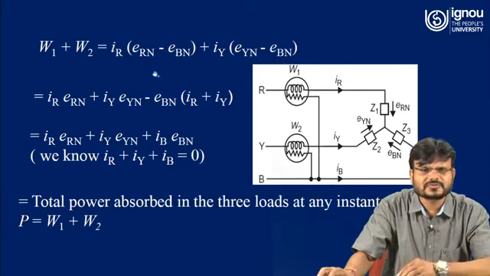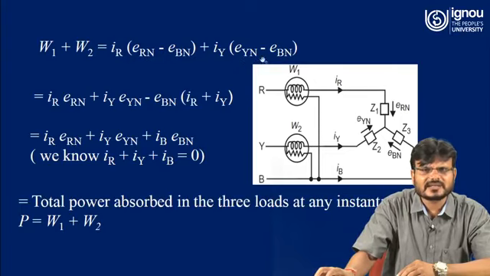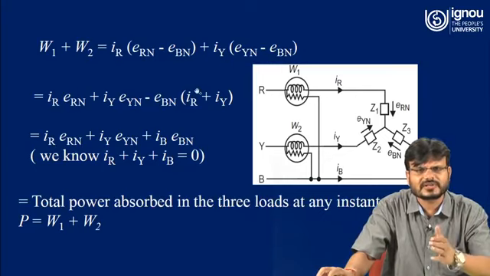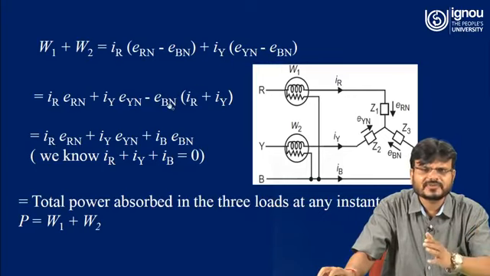So you open it, and it can be written as iR eRN minus iR eVN plus iY eYN minus iY eVN. Now take the positive terms on one side and the negative terms on the other side.